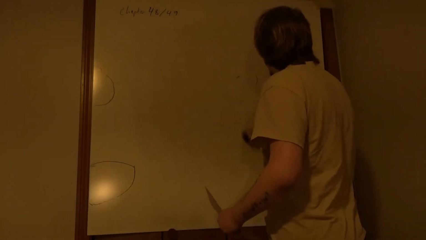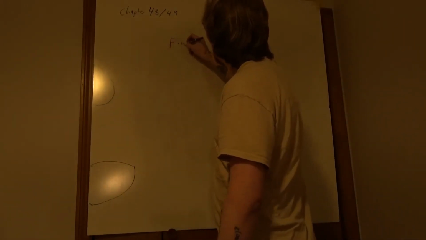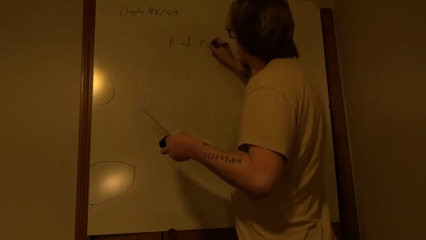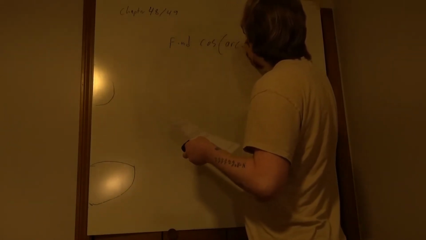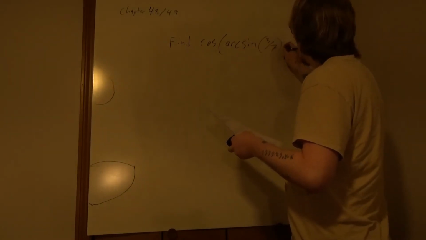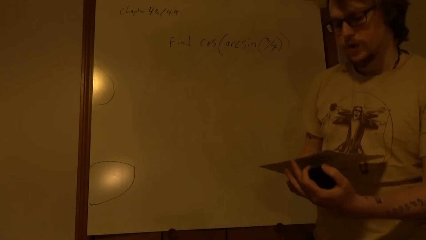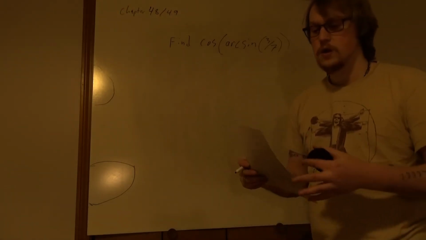So the first example that I have in the notes is: find cosine of arc sine of 3 over 7. A little bit of preamble before we get into this.